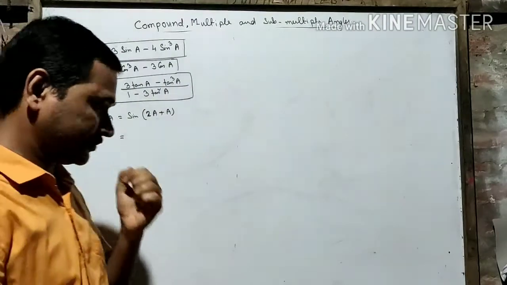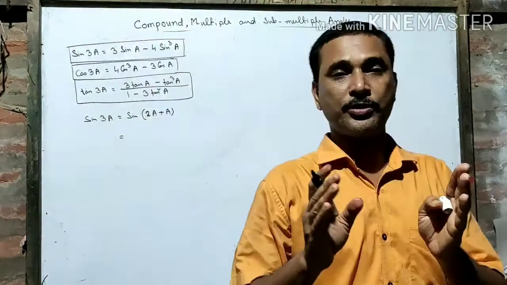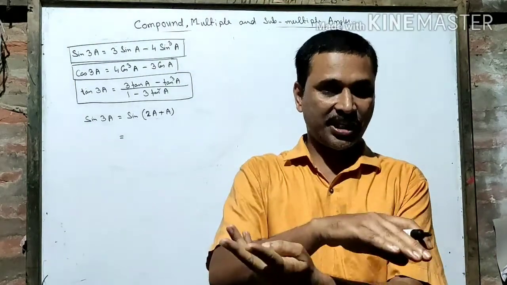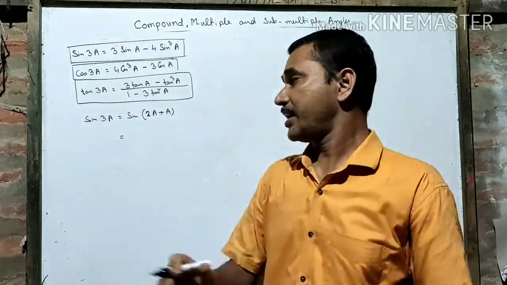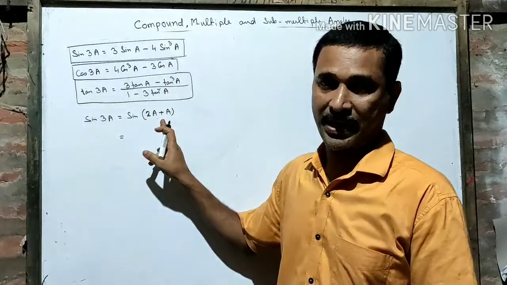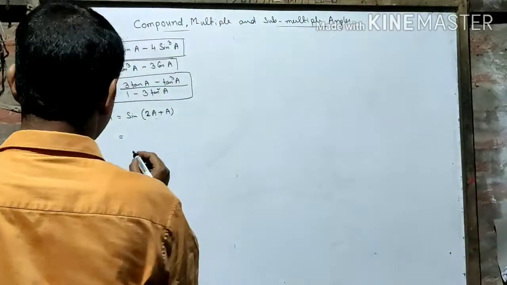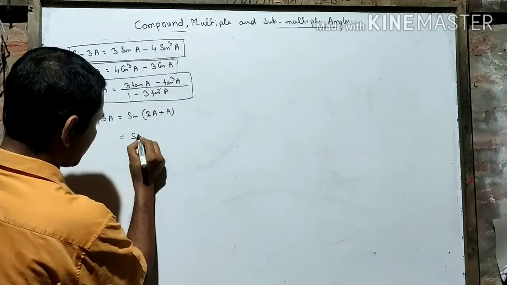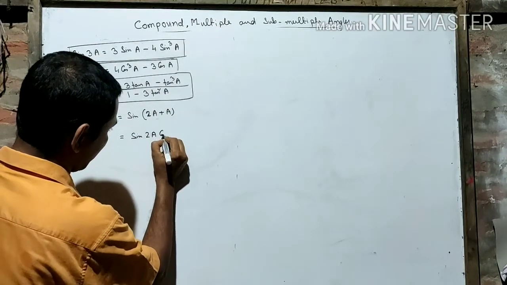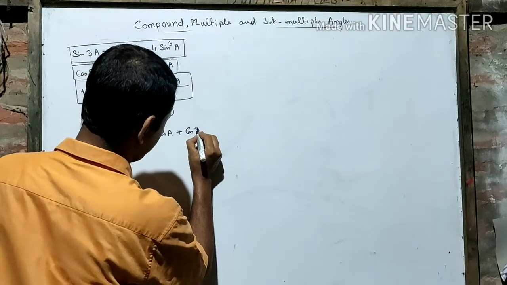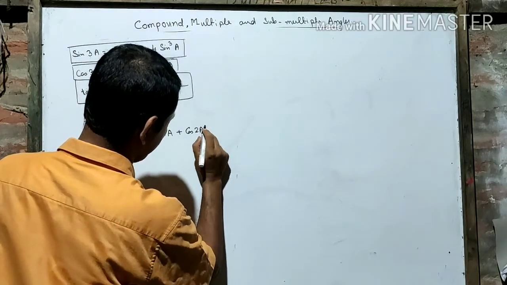You remember, sin gives 1 to his friend cos. So sin A cos B, then he interchanges cos A sin B. And when there is plus, he keeps plus. So sin A cos B plus cos A sin B. So this will be sin twice A into cos A plus cos twice A into sin A.